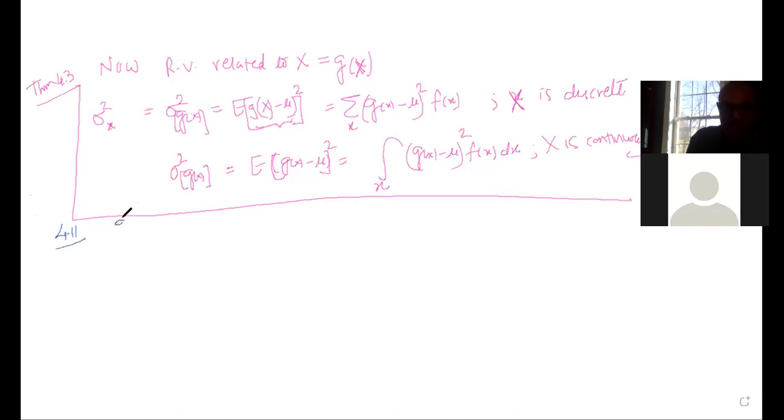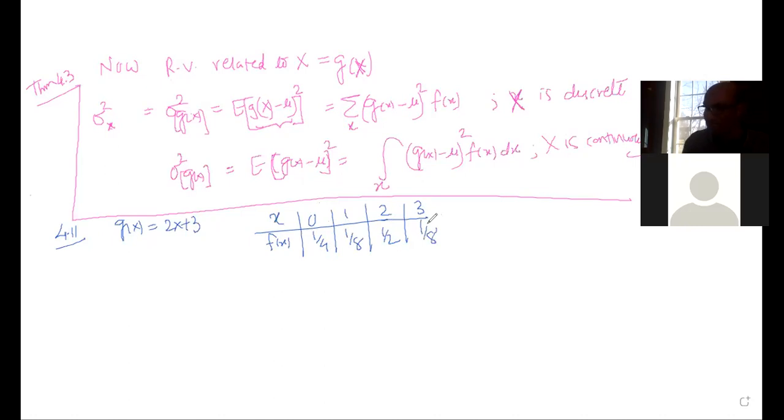Calculate the variance of g of x equal to 2x plus 3, where x is a random variable with the probability distribution: x is 0, 1, 2, and 3, and f of x is 1/4, 1/8, 1/2, and 1/8.